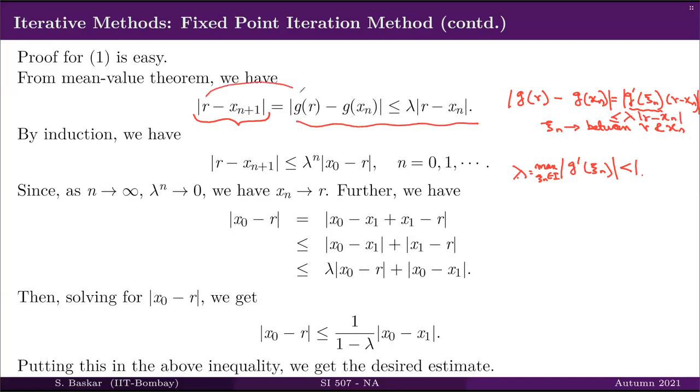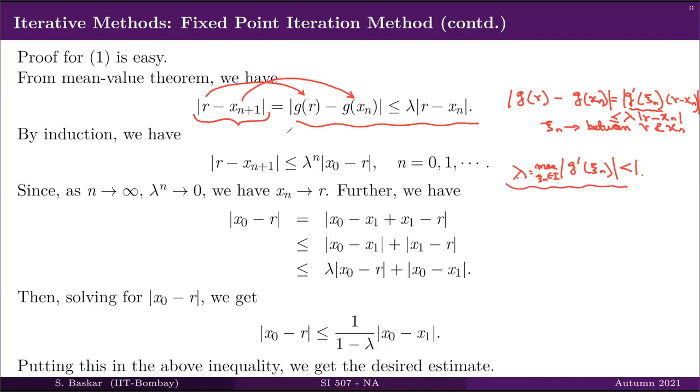R is equal to g of R because R is the fixed point, and x_{n+1} equal to g of x_n is the way we have defined the iteration, right? And that is less than or equal to lambda times mod R minus x_n, coming from the mean value theorem and our notation that lambda is the maximum of g dash.